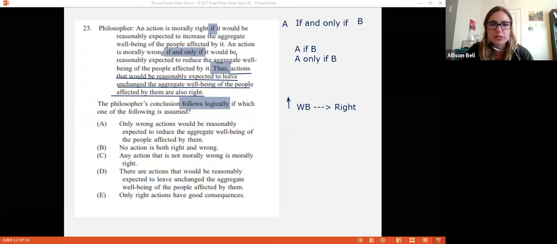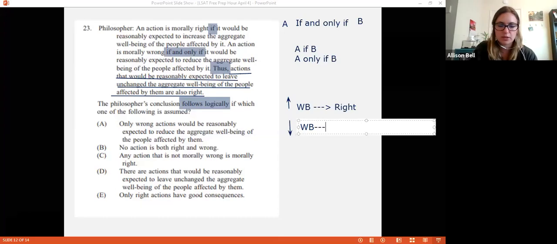If the action reduces the aggregate well-being, that's our condition, then it's morally wrong. So we're going to say if it reduces well-being, then it's wrong.